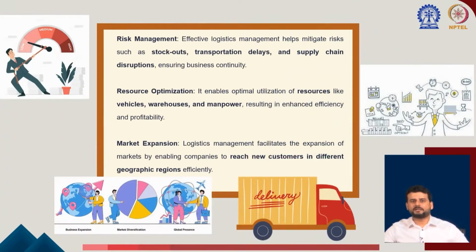Then risk management: if we have proper planning, logistics management, and inventory in the warehouses, the risk of stockouts we can avoid. Transportation delay: if raw material is coming on the way and something goes wrong, even then we have that safety stock, we can still continue the production line.